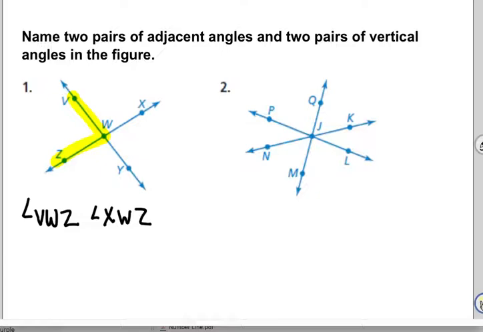X, W, Z. That's not going to work. X, W, Z doesn't work because that's a straight angle. See, here's X, W, Z. Well, technically, she said V, not Z. X, W, V. Yeah.